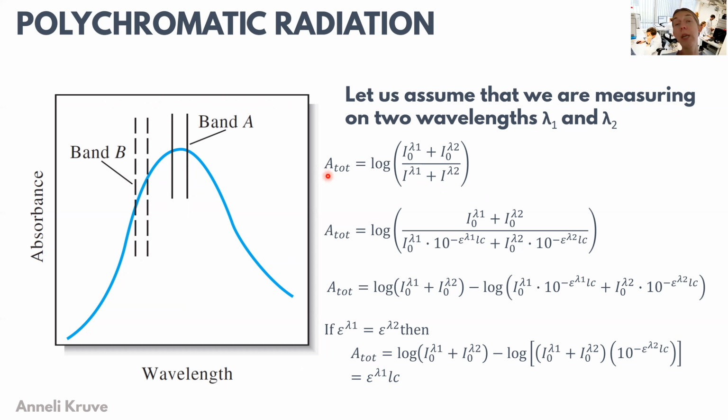So if we are now taking an example case where we measure the light on two wavelengths, lambda 1 and lambda 2, then the absorbance that we are measuring in total is actually the sum of the I0s, taken as the ratio to the sum of the I's. So the intensity of the light on these two wavelengths before and after the sample cuvette.